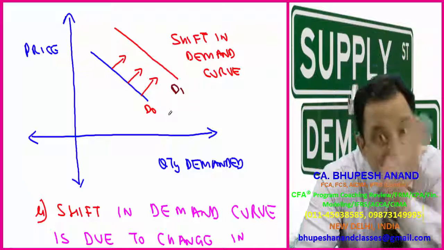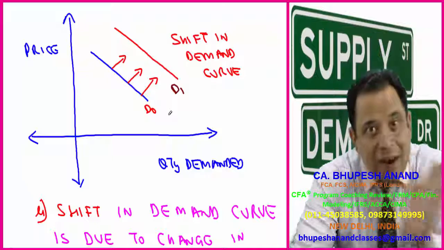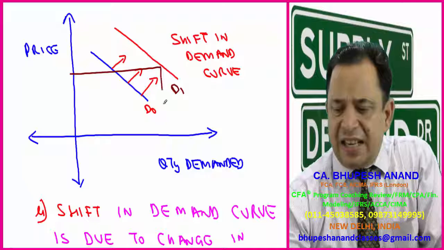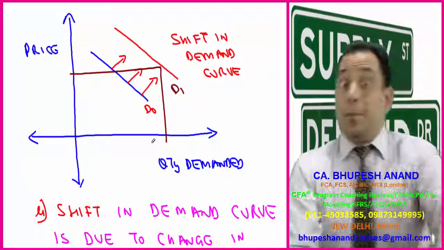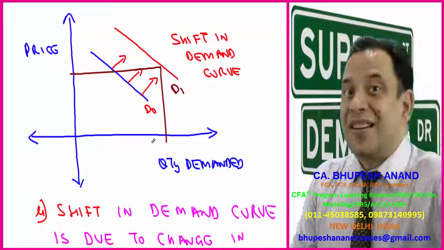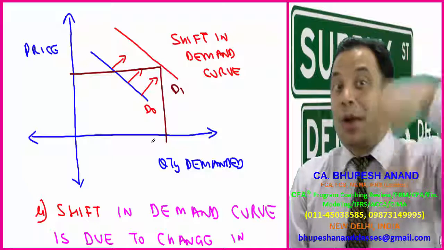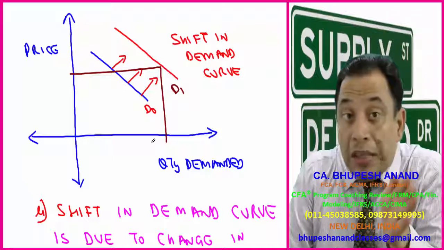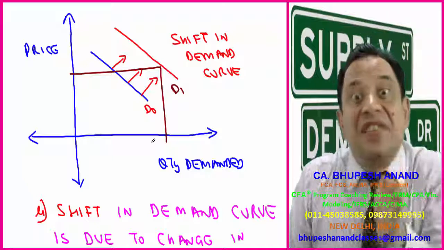When there is an increase in demand with the same price, it means it is due to some other factors. It may be due to income, the price of substitute products, or the price of complementary products. That is named as shift in demand curve.